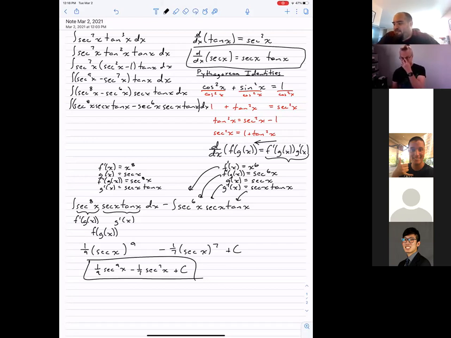But really, with a lot of these, very little of finding the antiderivative has to do with calculus. A lot of it has to do with choosing the right method and organizing and doing all the things correctly that you need to do algebraically. And that just comes with practice. So if you haven't worked through a bunch of those antiderivative ones in that PDF, I would definitely do that over the next few evenings.